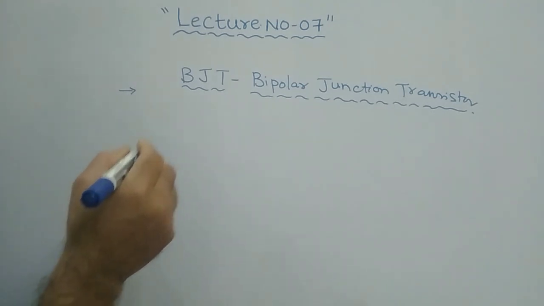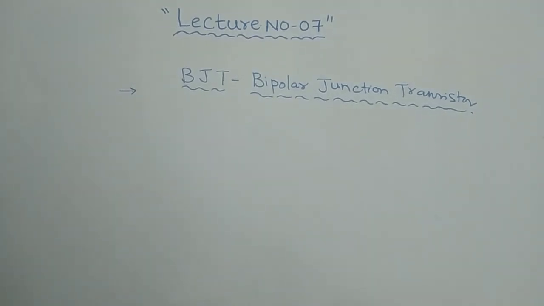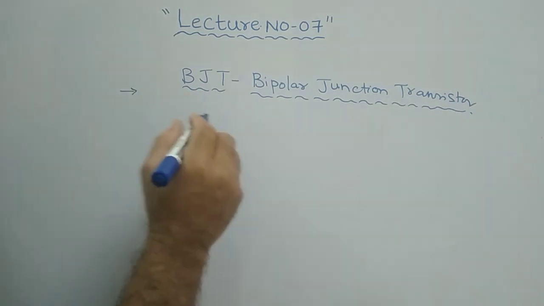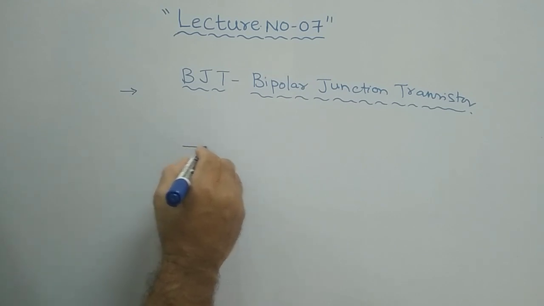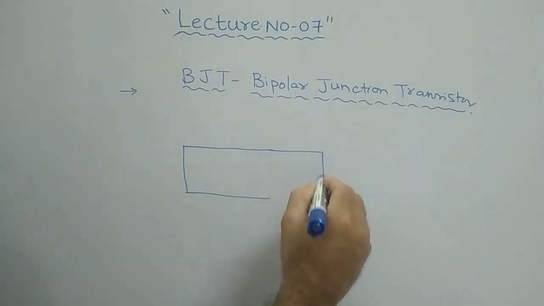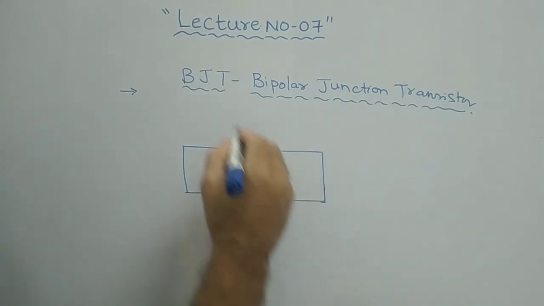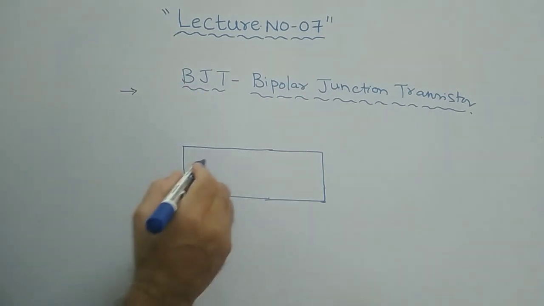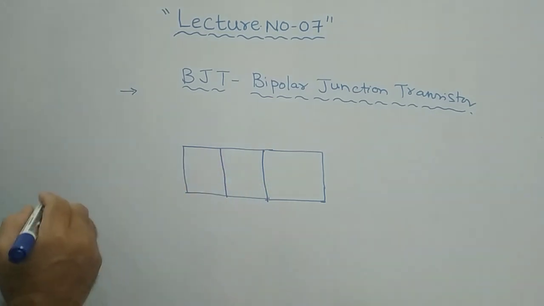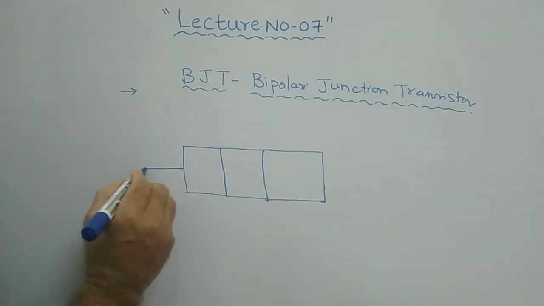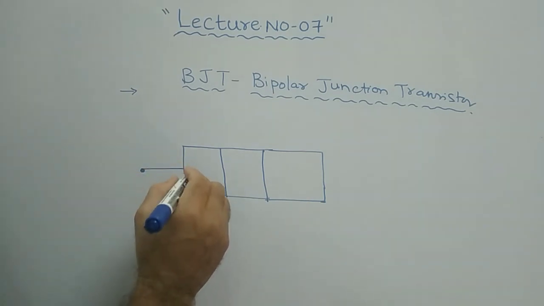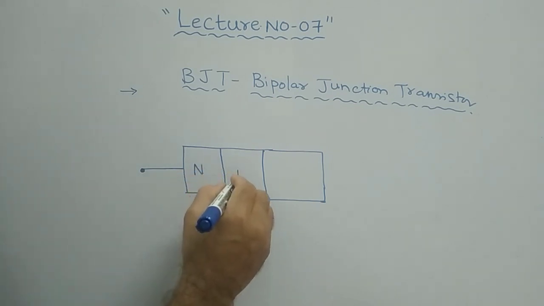It is a 3-terminal semiconductor device. If you look at the physical construction of this BJT, it is a 3-terminal device, and the terminals are physically represented like this. This is the emitter, in an N P N arrangement.